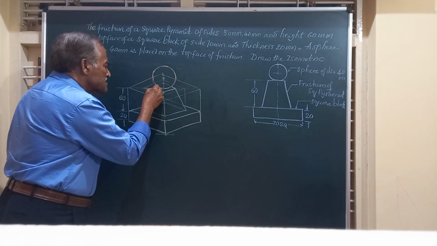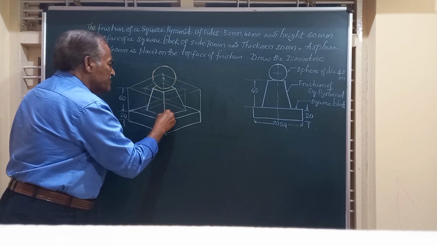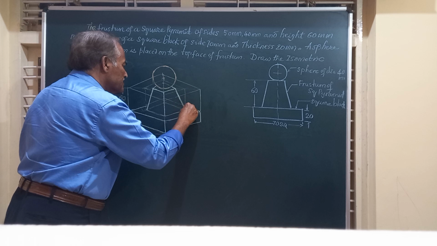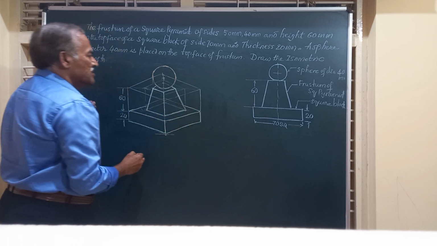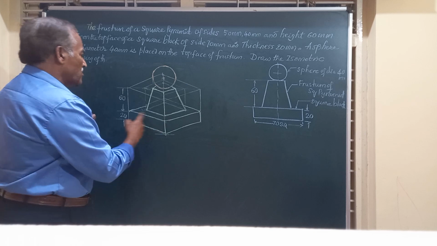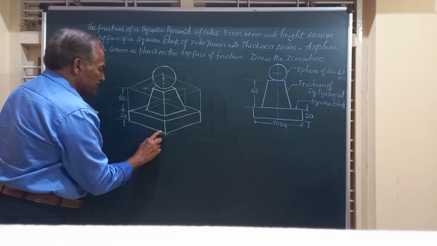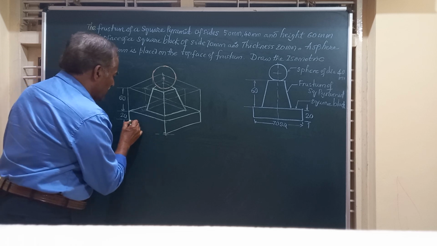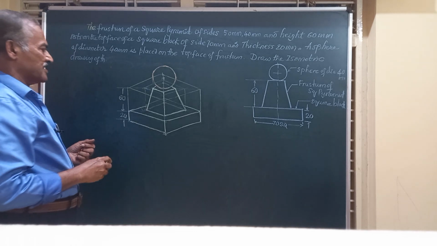Let me darken these slant edges of the frustum of the square pyramid. Again the bottom edges of the same. Friends, we have got the complete isometric projection of the combination of these three solids placed one over the other.